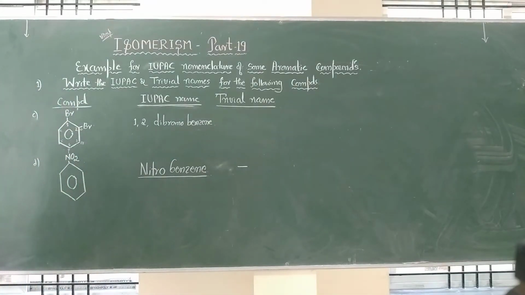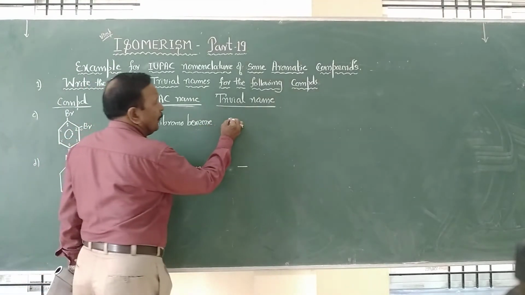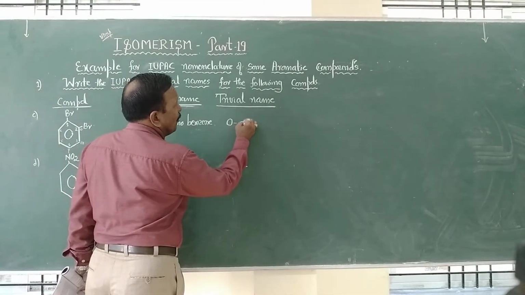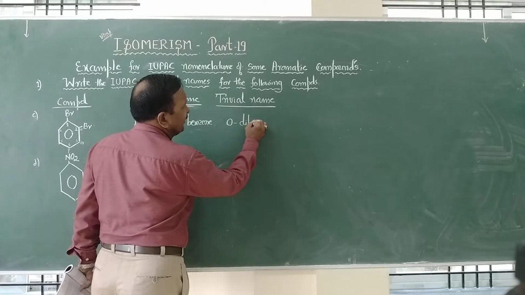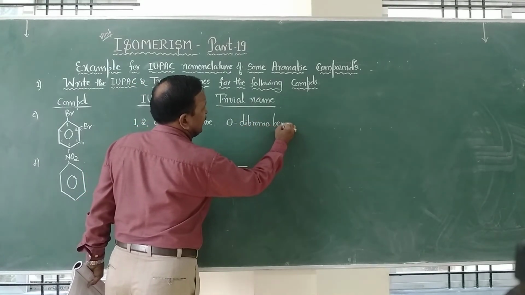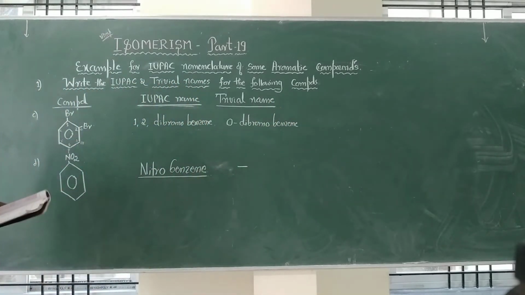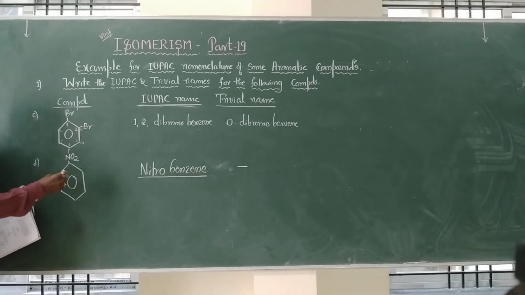And if you want to give a trivial name, this is ortho, and ortho position is always with respect to 1 already. Because already 1 should be there, then only ortho comes. Ortho dibromobenzene.